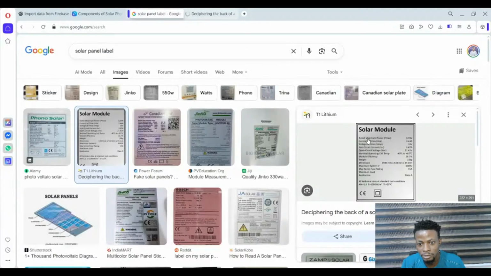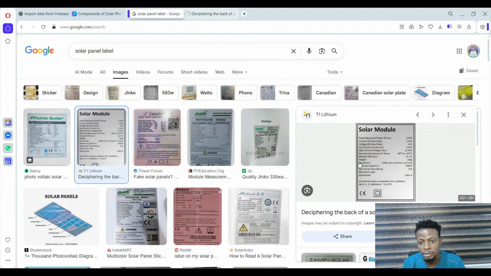So this is the rated maximum power. Can we see what is written on the label? Then the current at P max, that's the max current, and then you're going to see the voltage at P max. I'm going to explain what all of those mean. Short circuit current, open circuit voltage, nominal operating temperature, module efficiency, this is 16.7, that's huge.